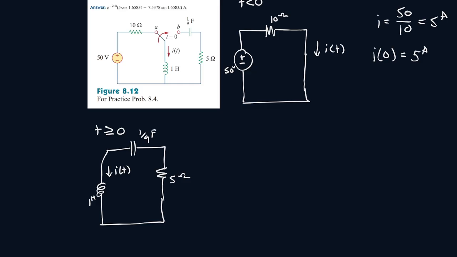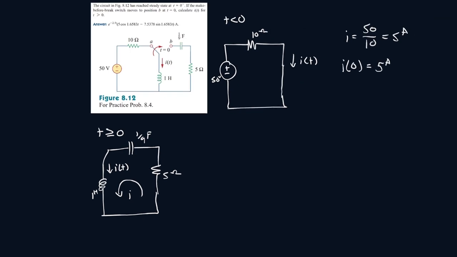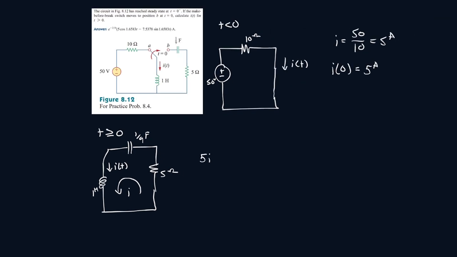So let's do a mesh and have it in the direction of I(t). Let's call this I. So it's going to be 5I plus L di over dt, that's pretty much the voltage here, plus 1 over C times the integral of I dt plus V0, this is the initial voltage at the capacitor.